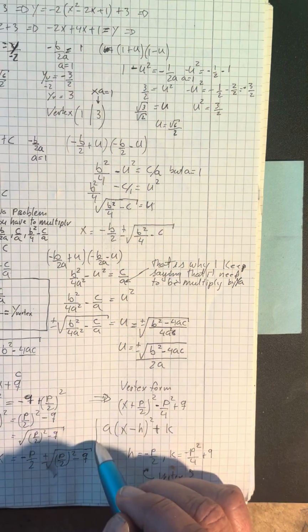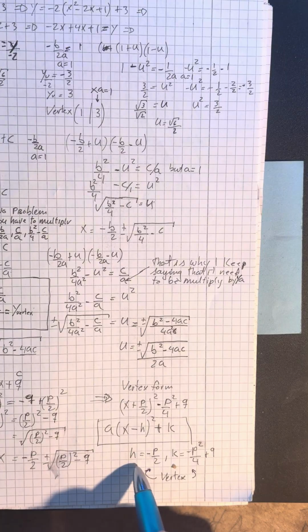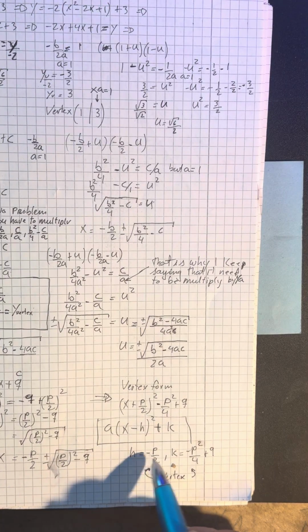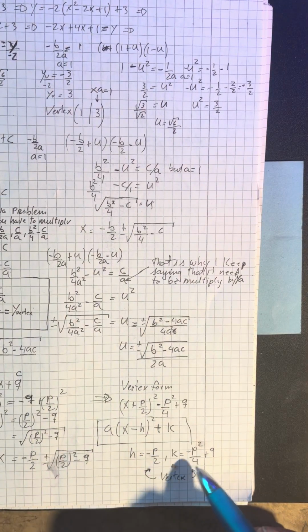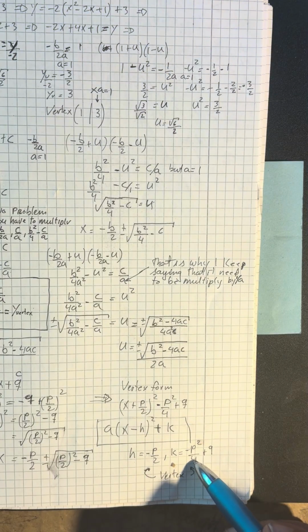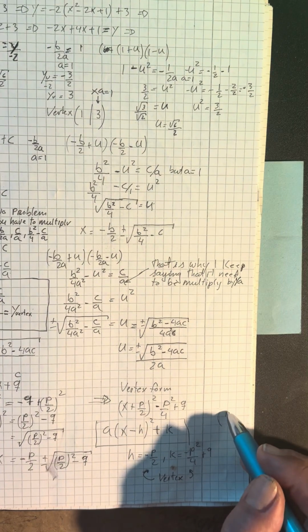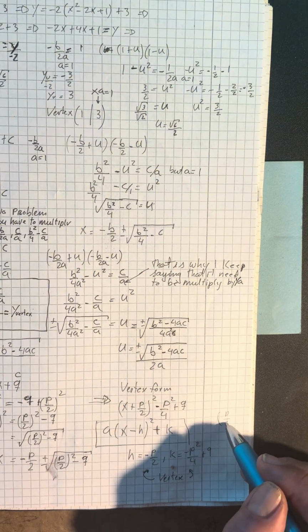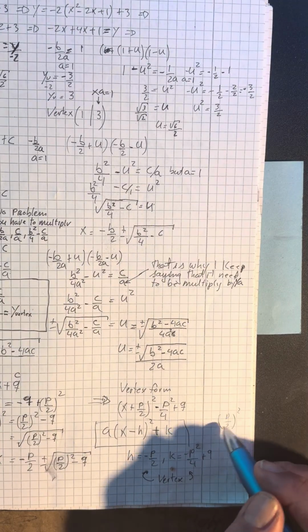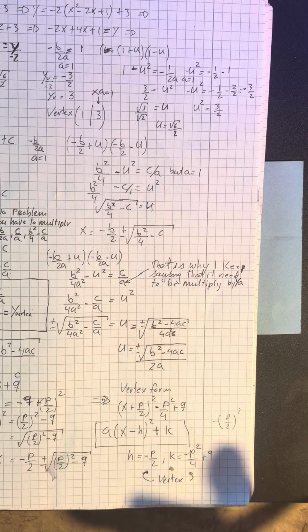And so the standard form, you can find h by minus p over 2, and k is equal to minus p squared over 4, instead of writing it like I wrote it, p over 2 squared and putting minus. The same thing. And so that's it.